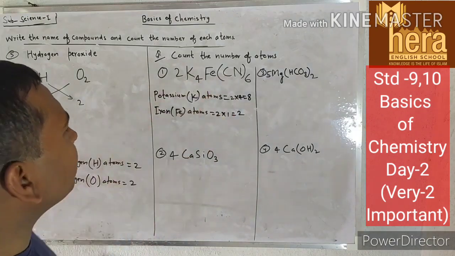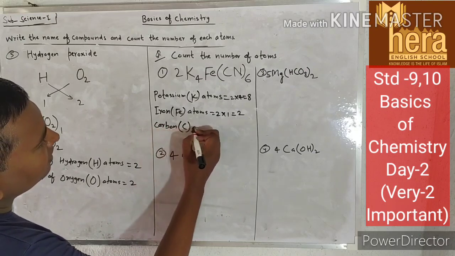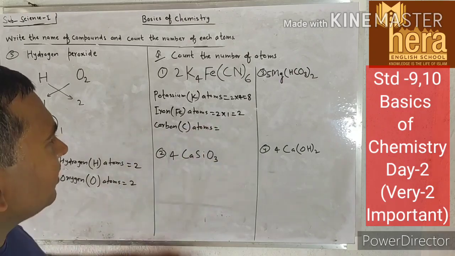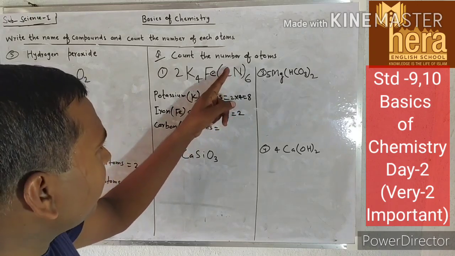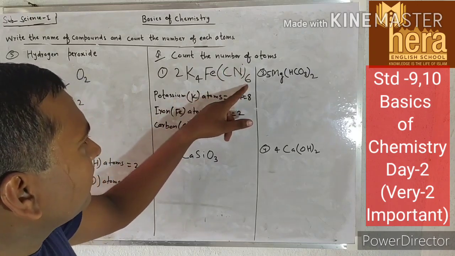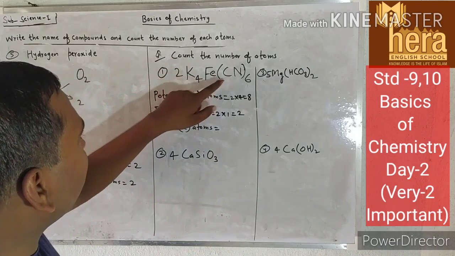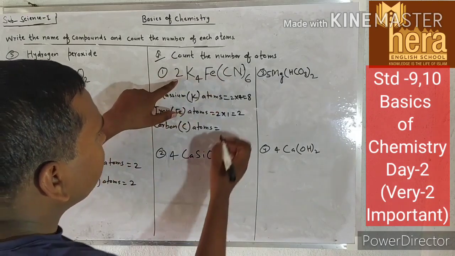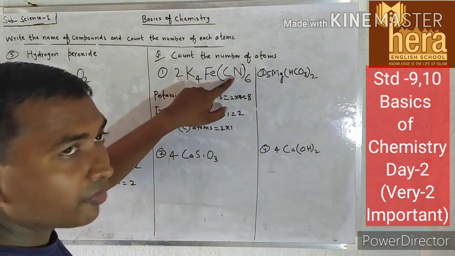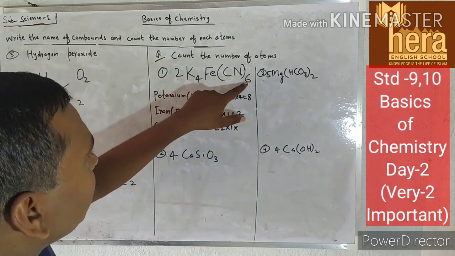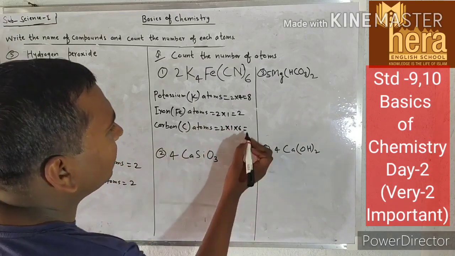Again, number of carbon atoms, see, here is bracket, here is 1, but since out of bracket there is 6, so here carbon atoms will be equal to, see, 2 is here, then write 2 into, here is 1 into, here is 6, that will be equal to 12.